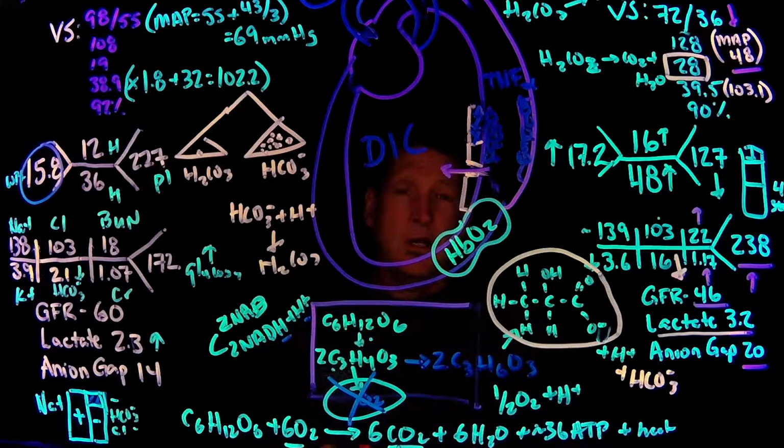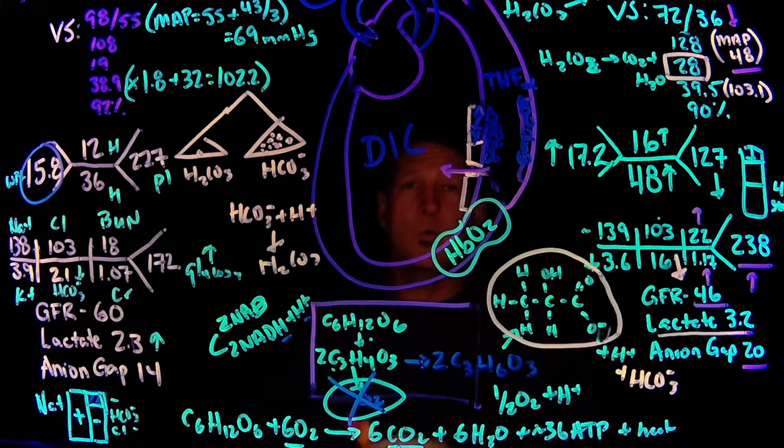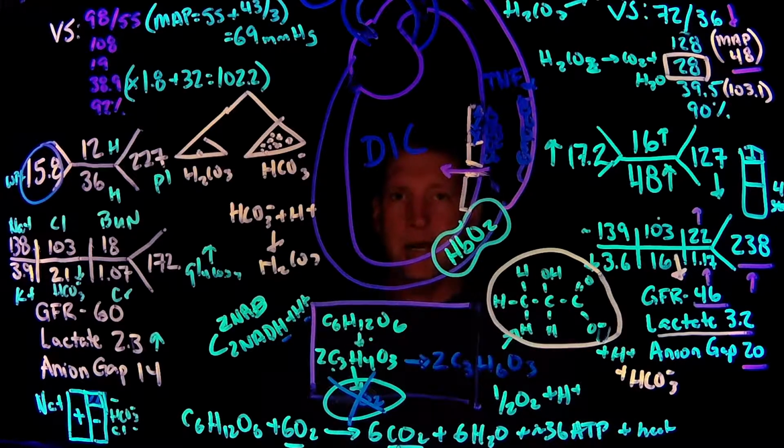If you were a physician addressing this, if you got called on this rapid, you need to address a lot of things at once. One is we really have to get antibiotics on board to start to knock down the bacteria that's likely in the vascular space causing the sepsis.